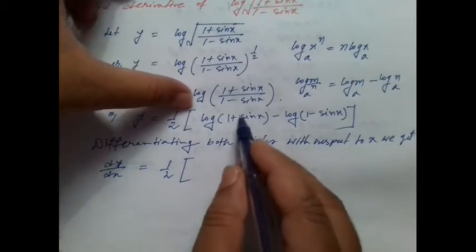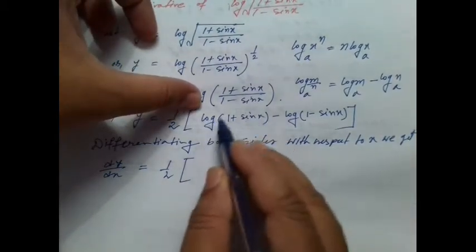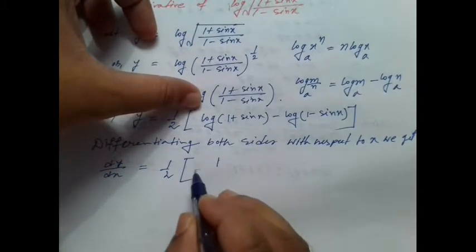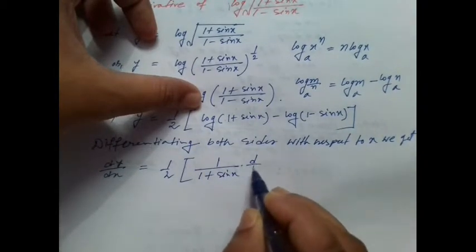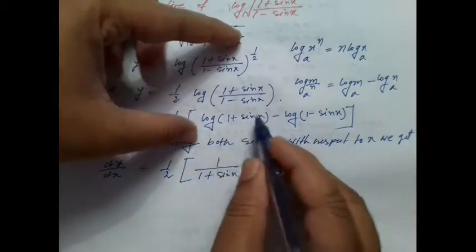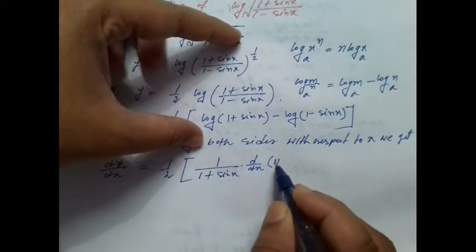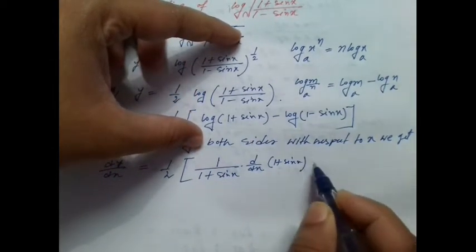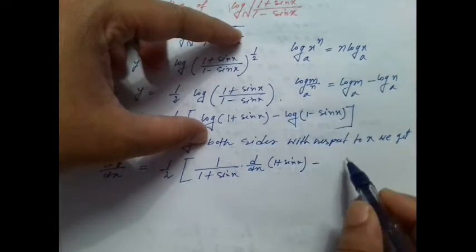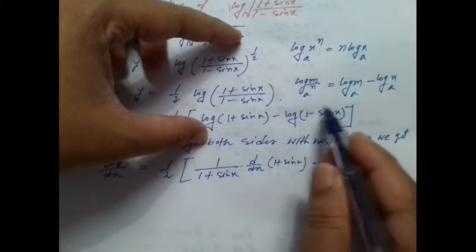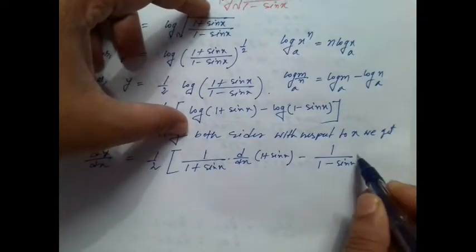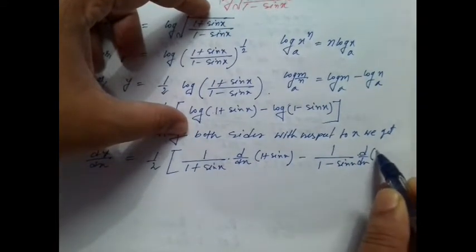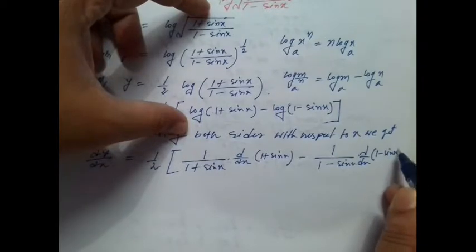Here we have to think of 1 plus sin x as x, so we have log x. Derivative of log x is 1 by x, means 1 by 1 plus sin x, and as we have taken 1 plus sin x as x, so d/dx of 1 plus sin x. Minus, here also this one is our x, so derivative of log x is 1 by x into d/dx of 1 minus sin x.